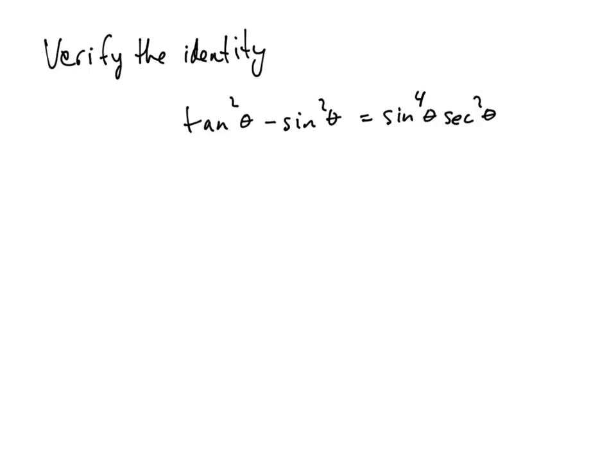And then this final example is another identity to verify. Tangent squared of theta minus sine squared theta is equal to sine to the fourth theta times secant squared theta. What I think I'll do is convert this tangent squared into sine squared over cosine squared. And then I'm going to get a common denominator here.